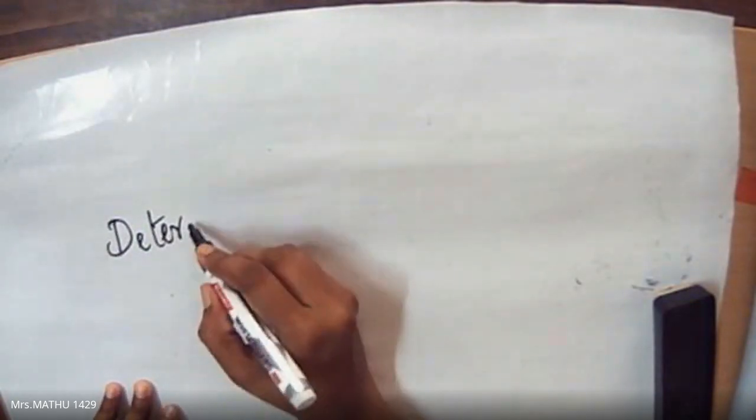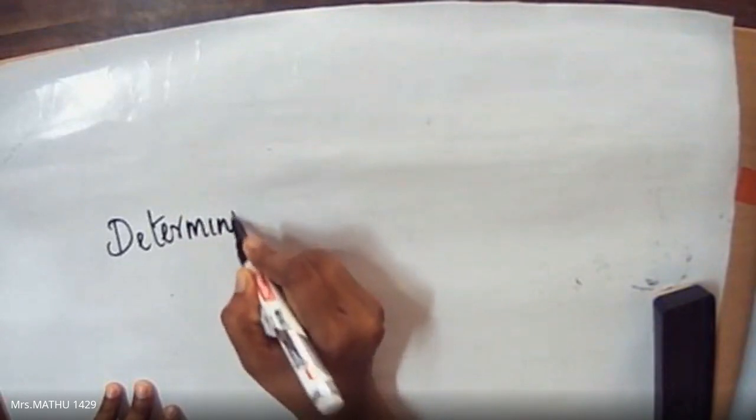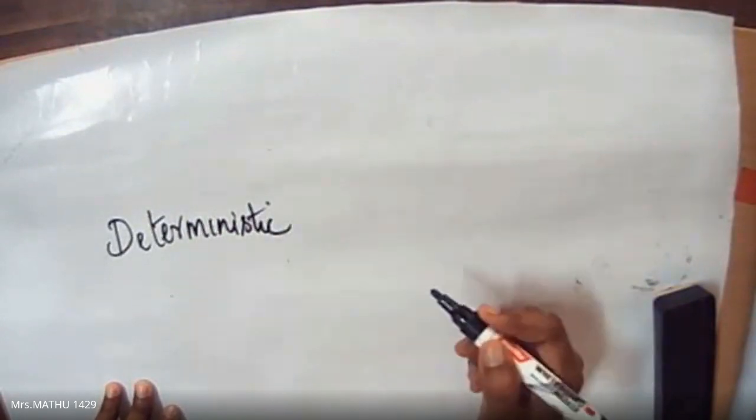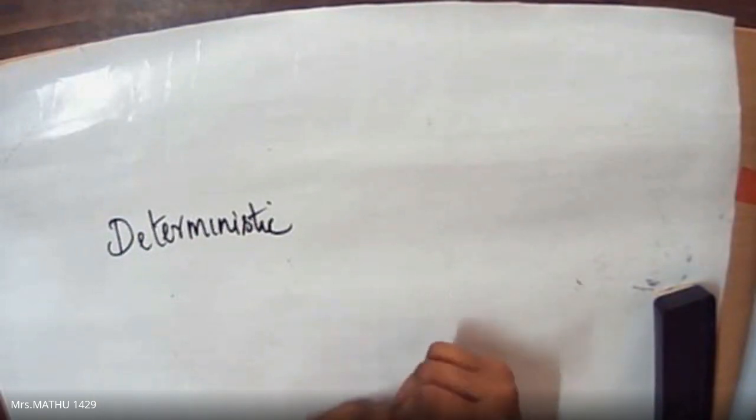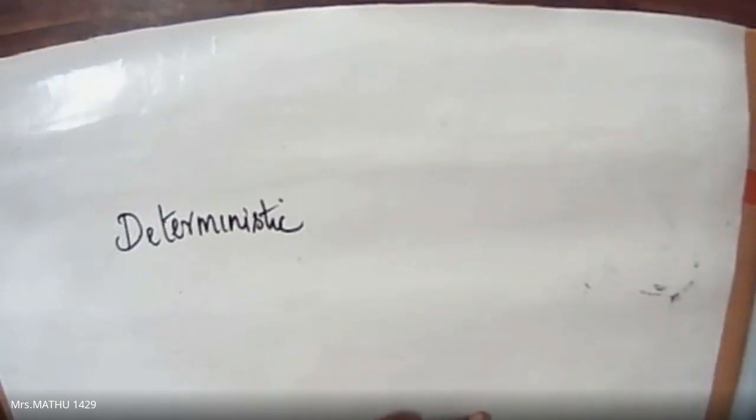Are you able to see the board? Is it visible in the right way? Ma'am, we are not able to see the D of deterministic. Is it coming the right way or in reverse? Yes, ma'am, it's coming the right way.